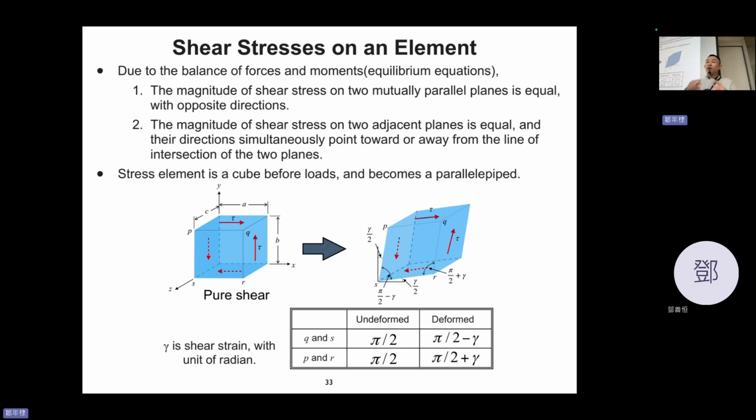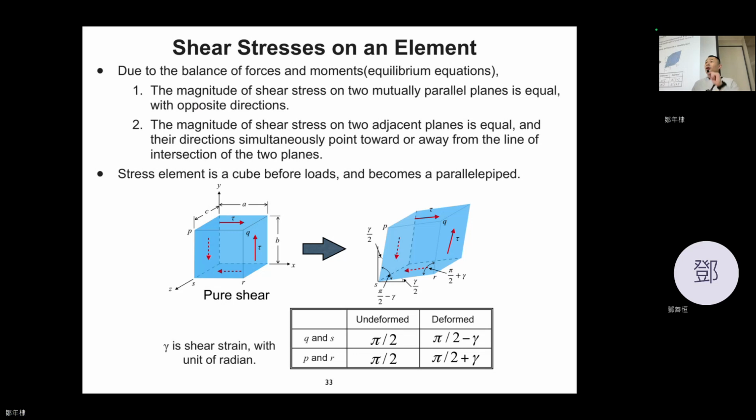Previously, we just said square, but now we're going to go for 3D, become a cube. All right, so due to the balance of the force and momentums, equilibrium equations, the magnitude, and so on. Okay, so I'm going to tell you.